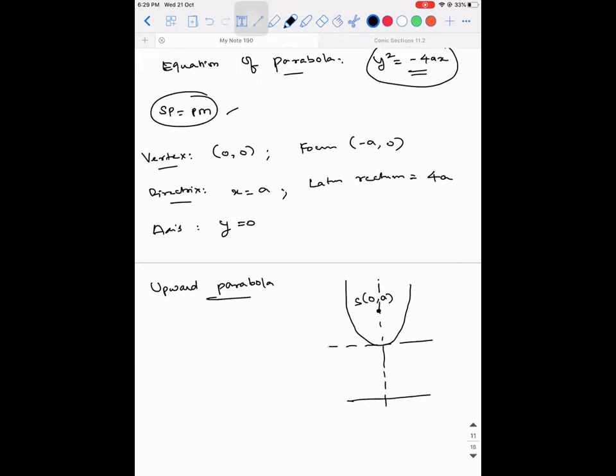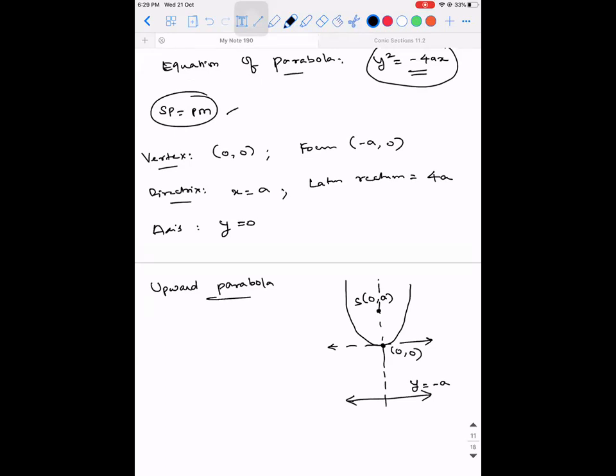What will be the equation of directrix? Y is equal to minus A. Because this point is again origin. So it's very simple to remember. Wherever you have the concave side, that side put the focus.